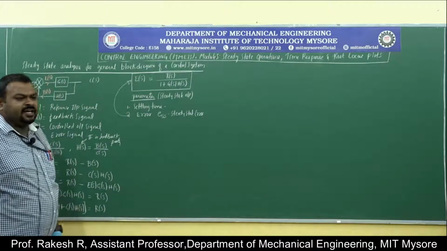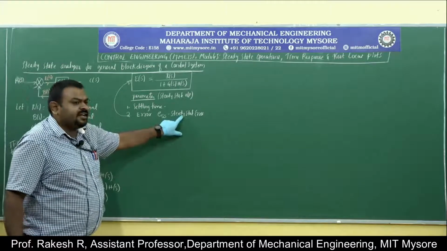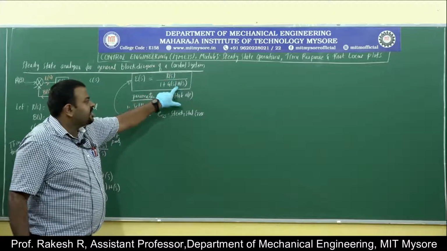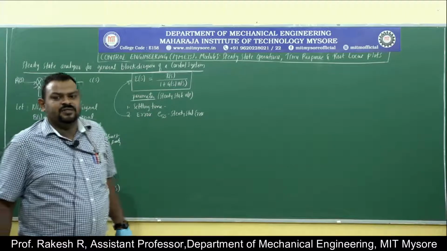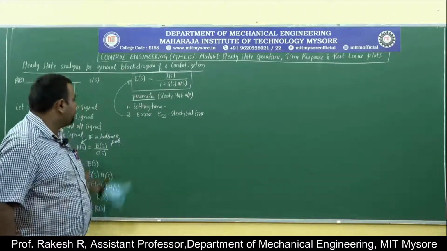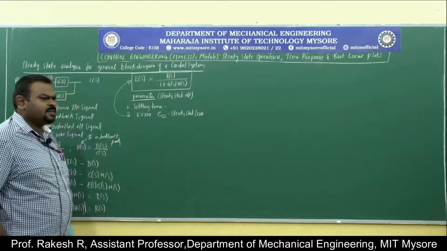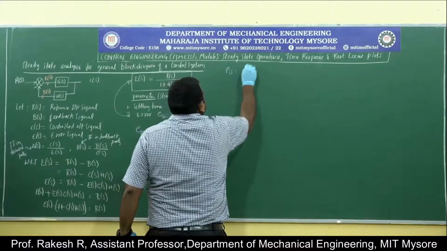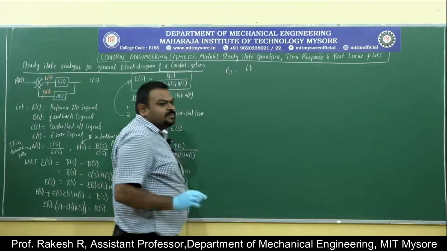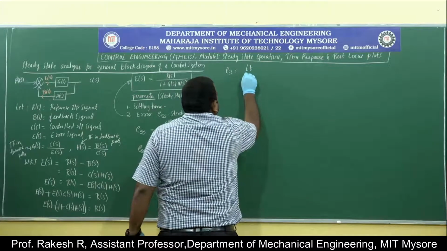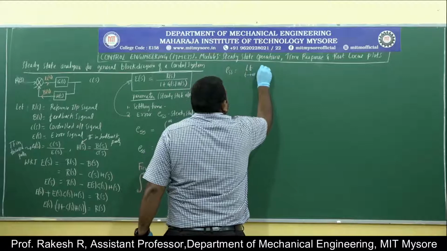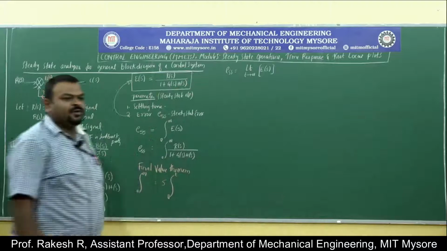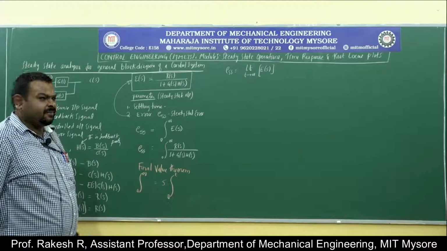Whenever we study steady state error, it depends upon two parameters: one is the reference input signal and another is the open loop transfer function. What is this ESS? Steady state error will be equal to limit of t tends to infinity of E of t. This is the total steady state error in the system.